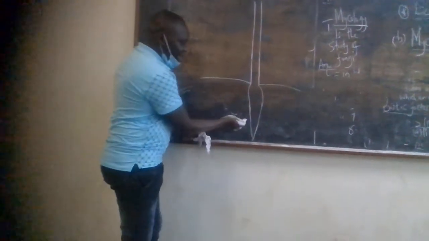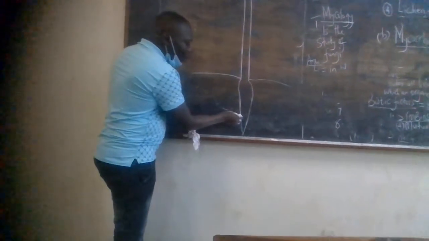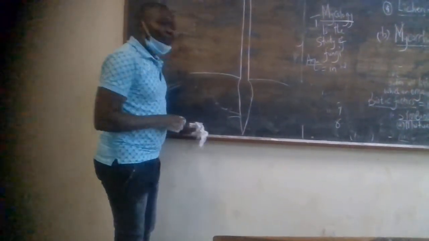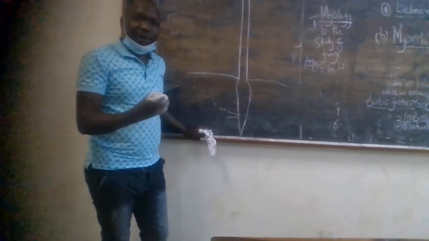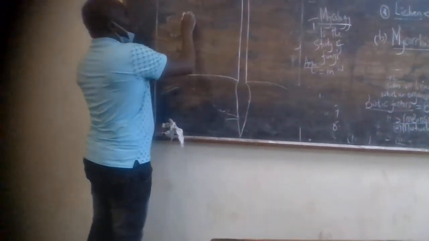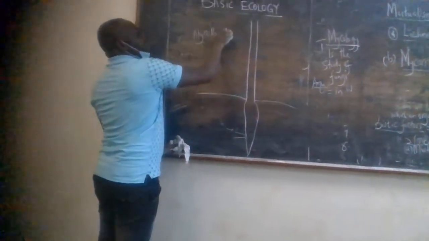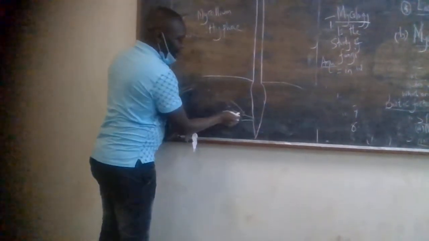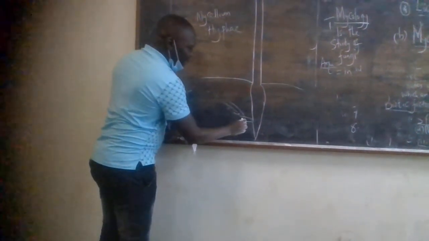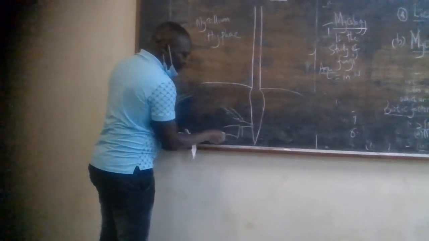That taproot always develops a mutualistic association with a fungus that has a branching network of what we call the mycelium and hyphae. That branching network will penetrate deep.